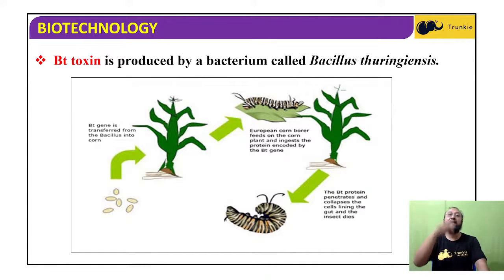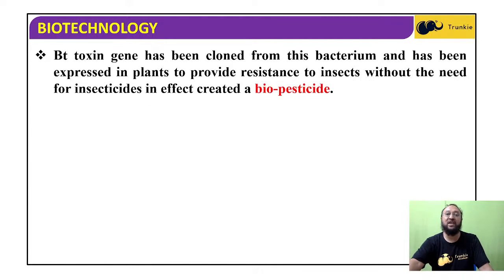So when these pests are feeding on that, they are ingesting the protein encoded by the Bt gene, and that protein is going to interfere, penetrate and collapse the cells lining the gut, and they die. So that is the biological way of controlling the pest.